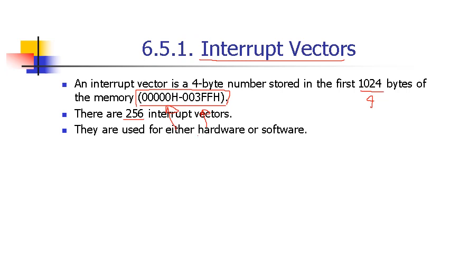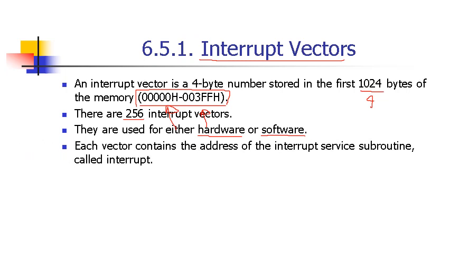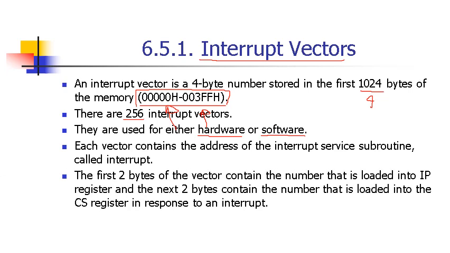These vectors refer to interrupts that can again be called from a hardware device or through your software. Each vector contains the address of the interrupt service routine that is to be called. Again, as we said, the first 2 bytes of the vector contain the number that is loaded into IP.